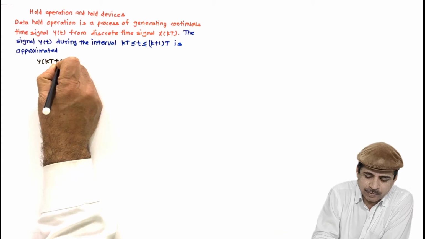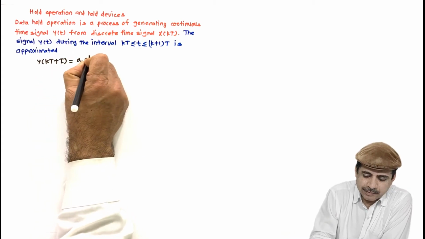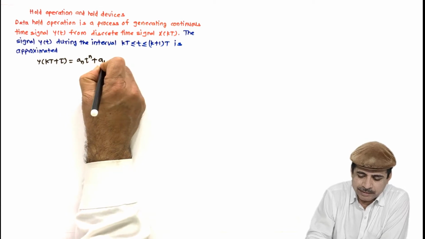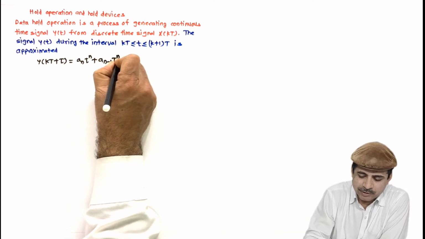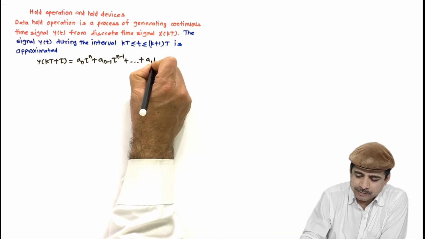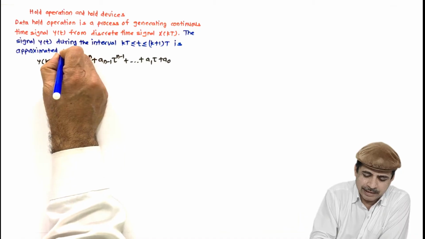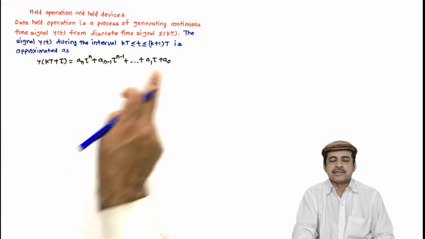y of kt plus tau is equal to an tau raised to n plus an minus 1 tau raised to n minus 1, and so on up to a1 tau plus a0. So it is approximated by this equation.